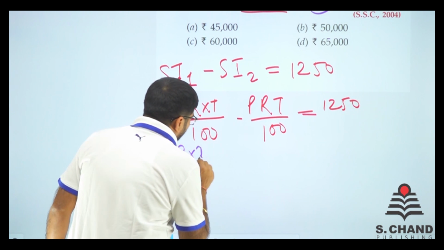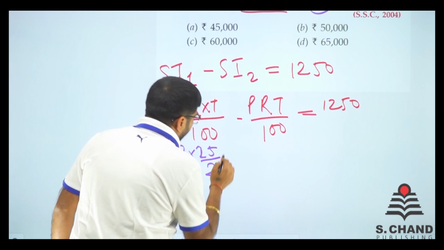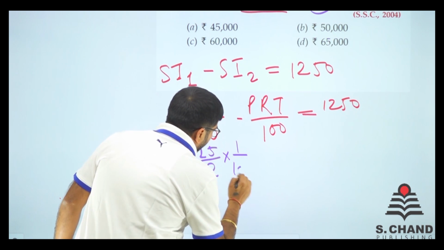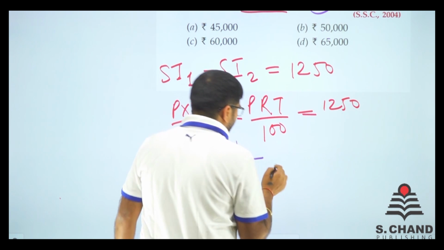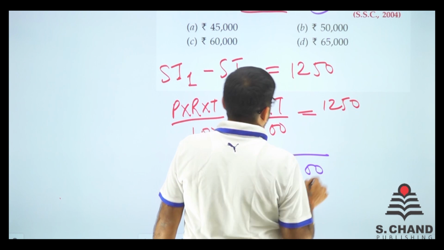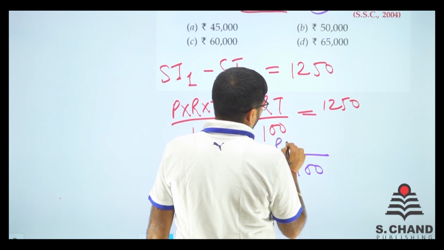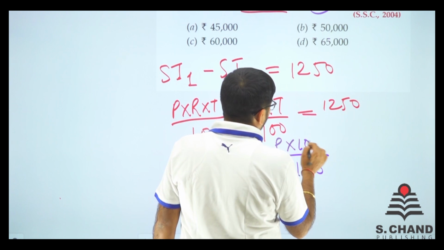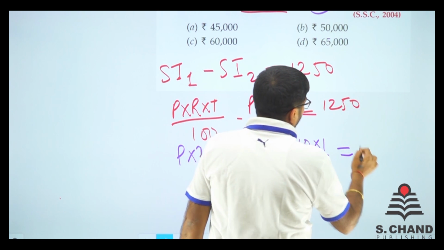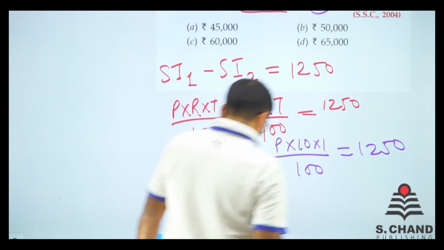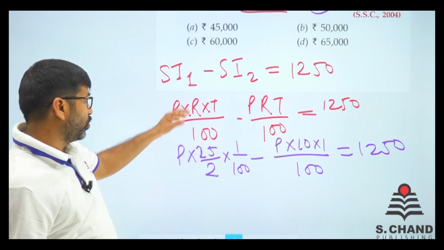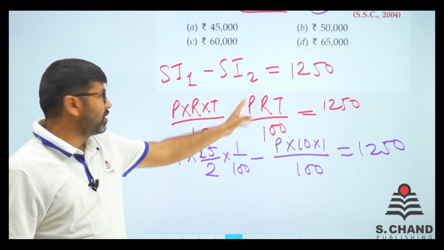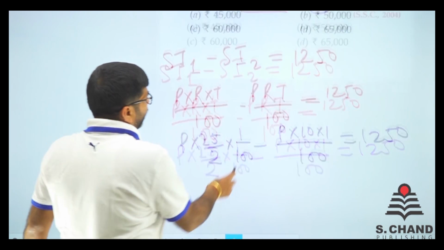So we can write 25 by 2 into T, which is 1, divided by 100, minus P into 10 into 1 divided by 100, is equal to 1250. I have put all the values; time is 1 year because annual income is mentioned.